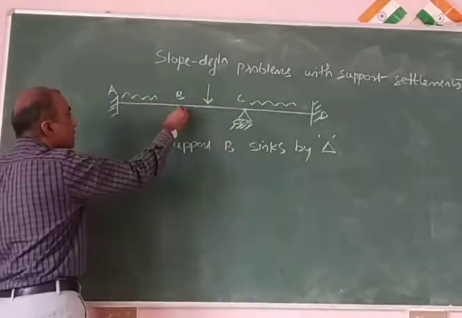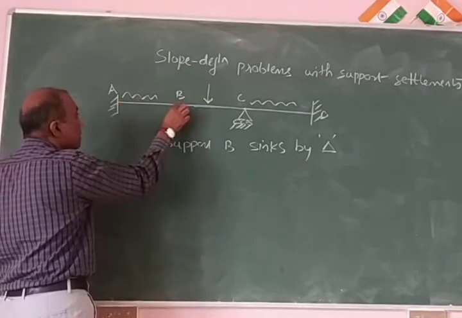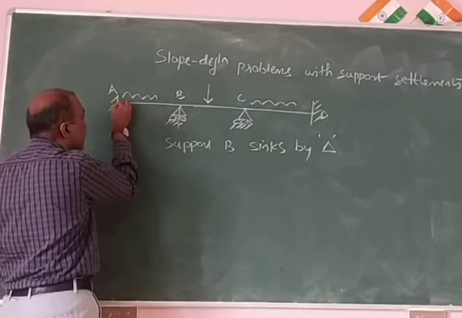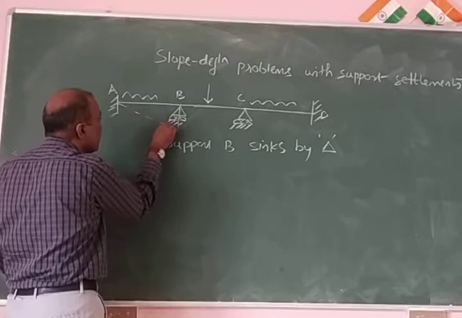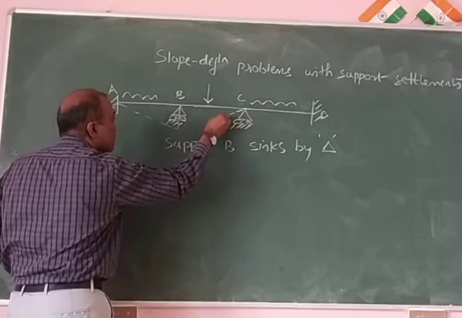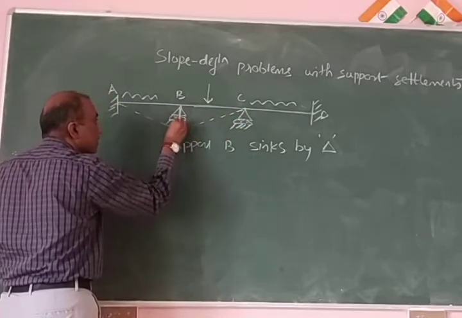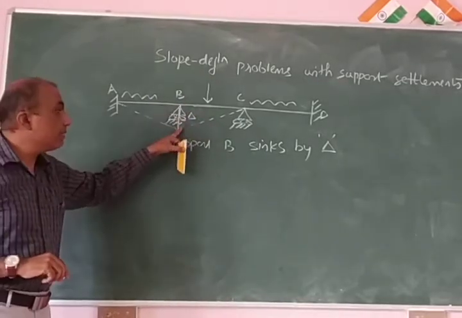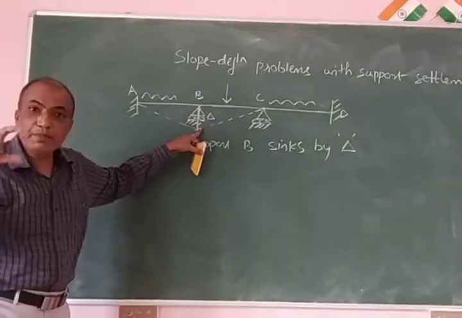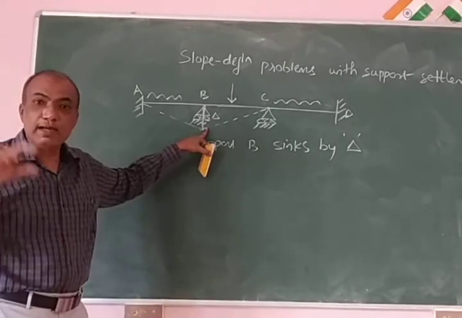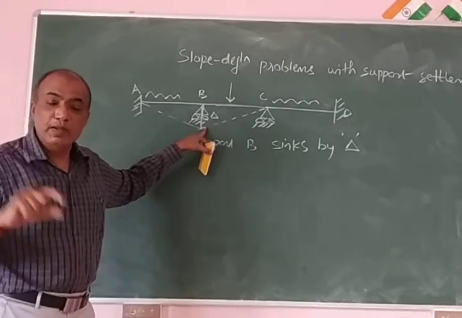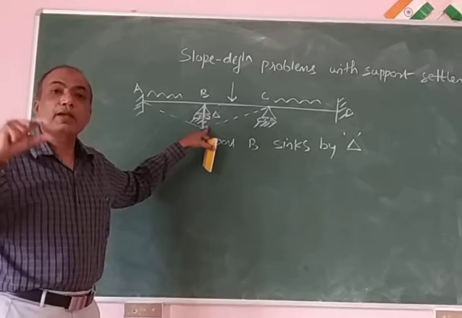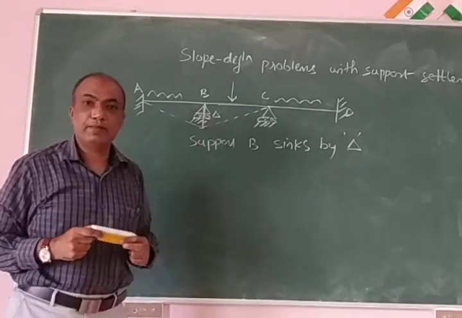You can draw this settlement of about delta. So B comes down by an amount delta. Delta may be in millimeters. It is a very small amount and it cannot be seen with the naked eye.